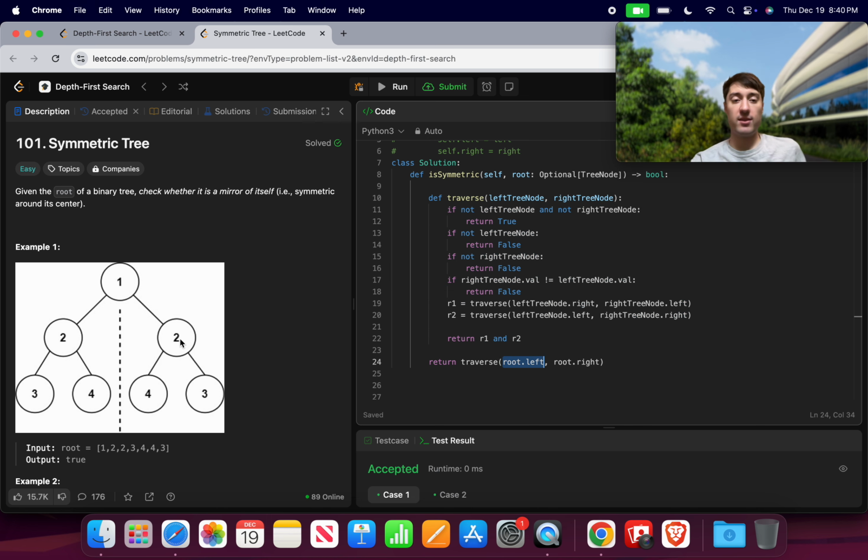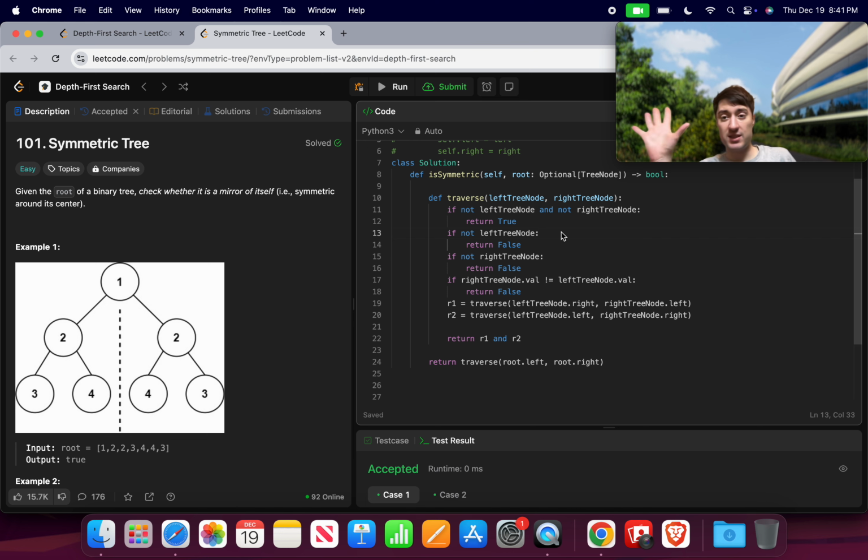This node and this node, I'm going to check if they both don't exist, then everything is okay because that satisfies the condition of symmetry, because both sides of that portion of the tree don't exist. So that portion of the tree is, in fact, symmetric. So then I pass that back up.